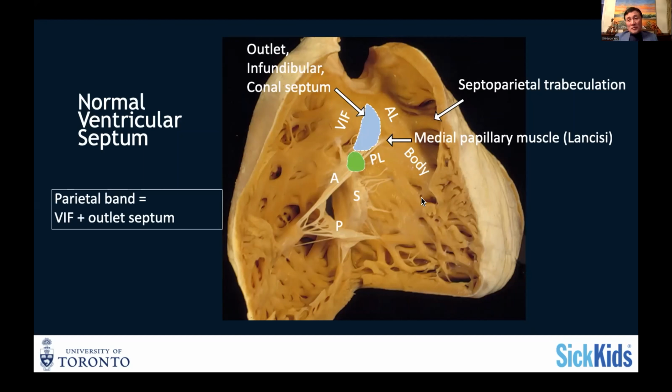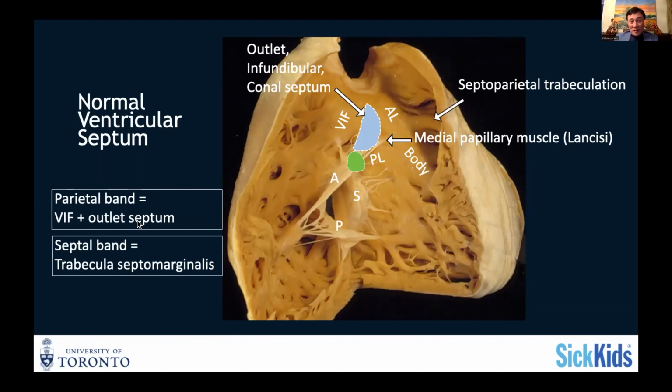So there is some confusing terminology used by the European groups, the Bostonians, and the Eastern North American group. Parietal band and septal band: the parietal band is exactly the ventricular infundibular fold in European Andersonian language plus the outlet septum.